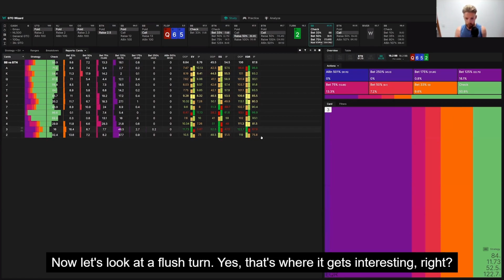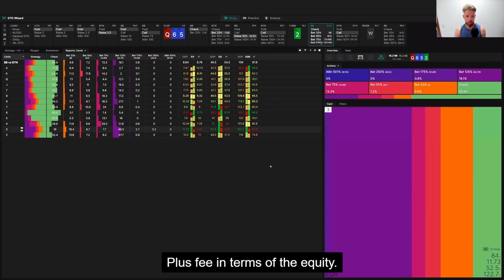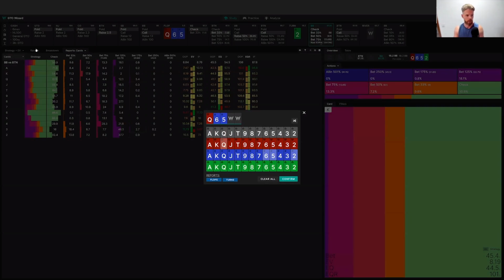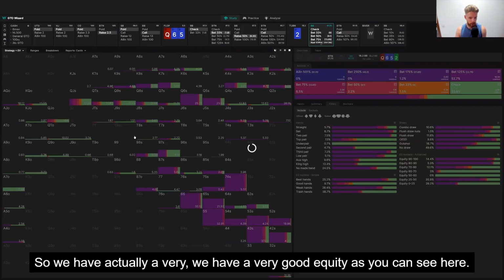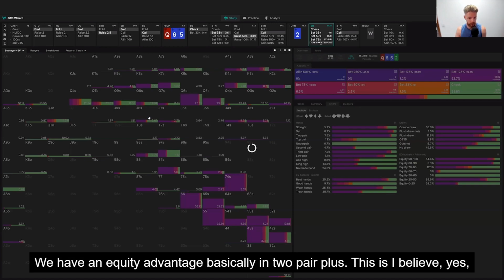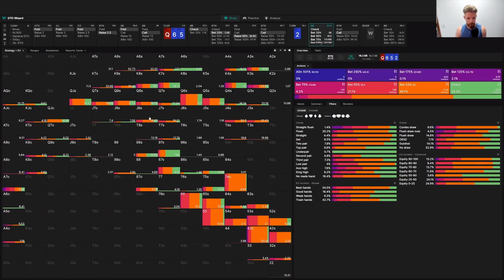Now let's look at a flush turn. That's where it gets interesting. Right, strategy plus EV in terms of the equity. So we have actually a very good equity, as you can see here. We have an equity advantage basically in 2 pair plus.